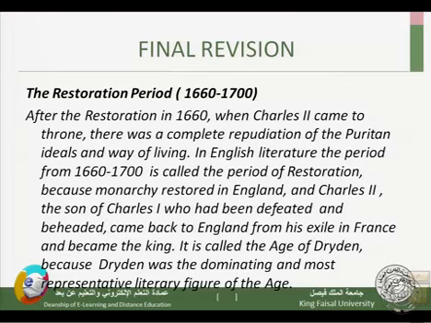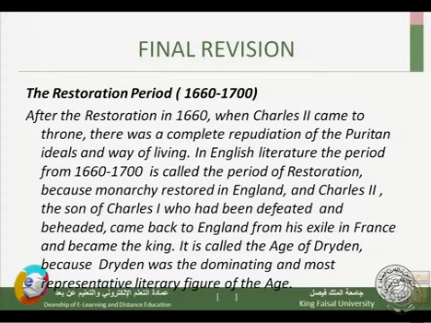After the Restoration in 1660, when Charles II came to the throne, there was a complete repudiation of the Puritan ideals. So after the coming of Charles II to the throne, there was a complete refusal, disagreement and rejection of the Puritan ideals and ideas and concepts and way of living.